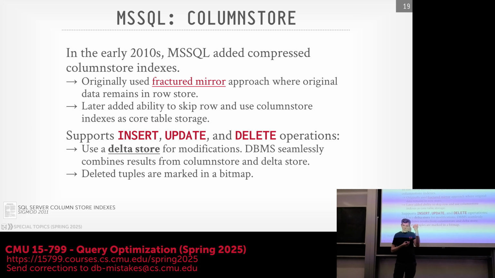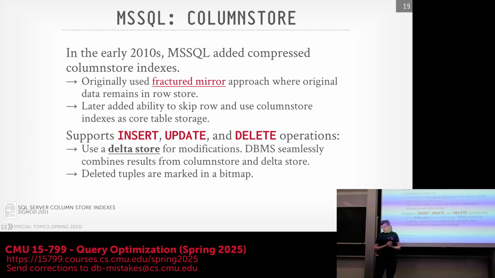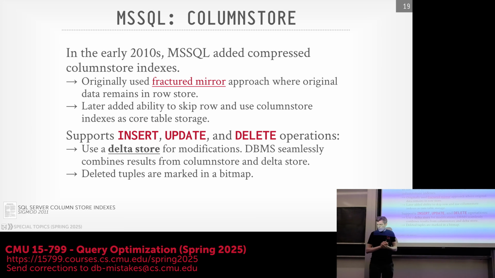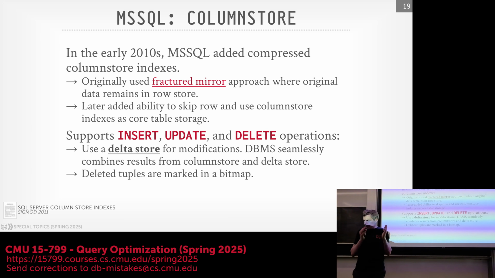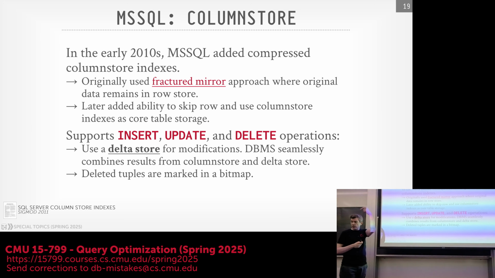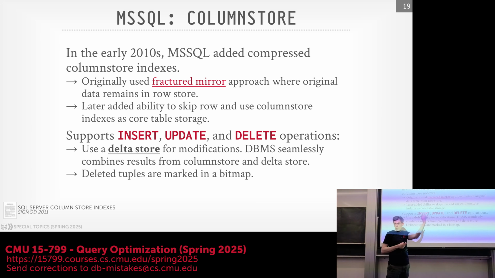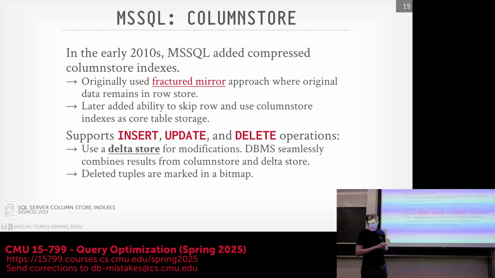The basic idea is that you have your row store, all your updates go into the row store, and then a background job takes the updates to the row store and incrementally converts the tables into a column store. Oracle's in-memory column store works basically the same way. Then when a query shows up, the system figures out whether to run on the column store or the row store, depending on what data it actually needs.